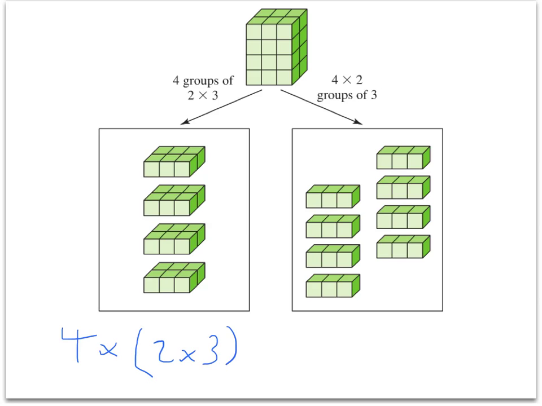Now over here, in this grouping, what we have is several different groups. Each group consists of 3 cubes. Now how many groups do we have altogether? Well, these groups are kind of broken up into 4 groups of 2.